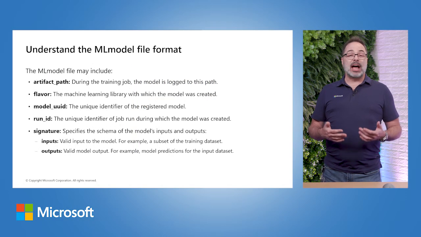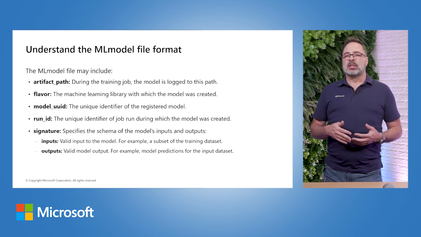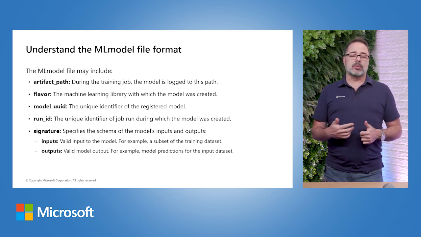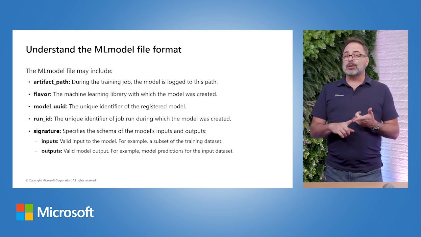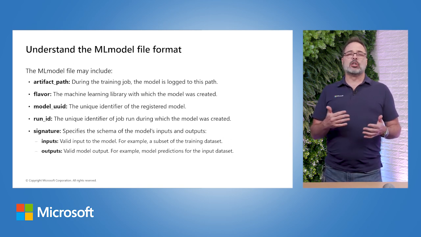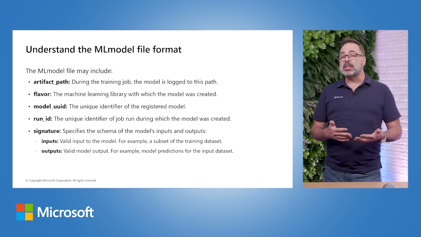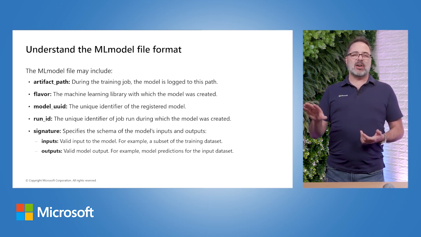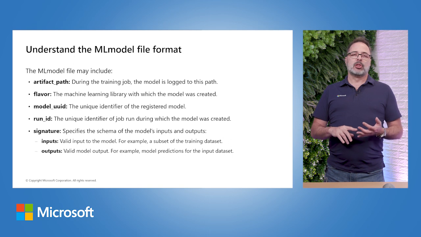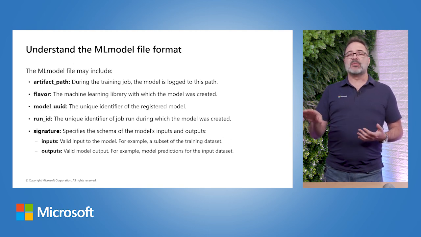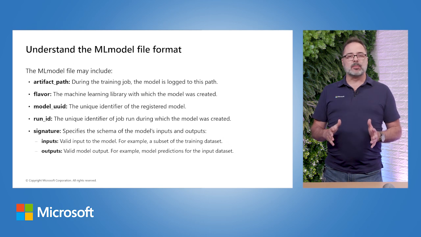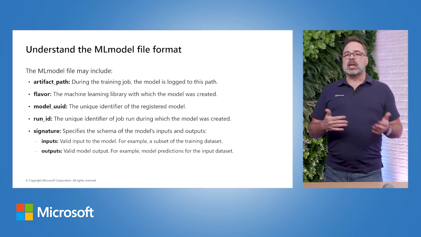The ML model file format consists of metadata that describes our model. The file usually includes the artifact path, which is the location of where the model is logged to, the flavor, which describes which machine learning library was used to create the model, the model UUID, which is simply the unique identifier for the registered model, the run ID, which is the identifier of the job run that created the model, and lastly, the signature, which describes the inputs and outputs of the model.